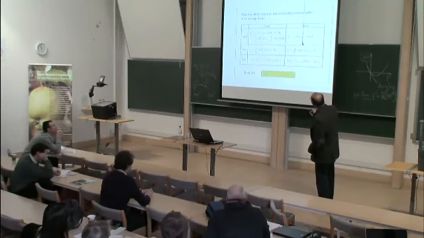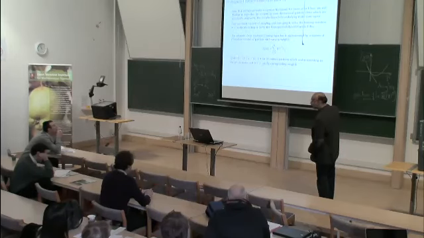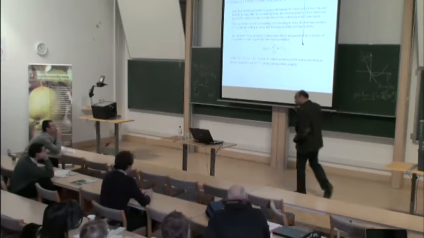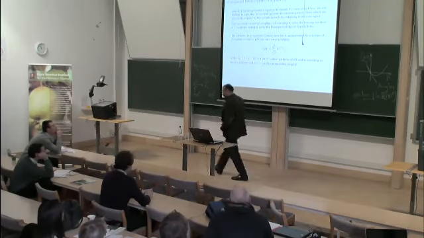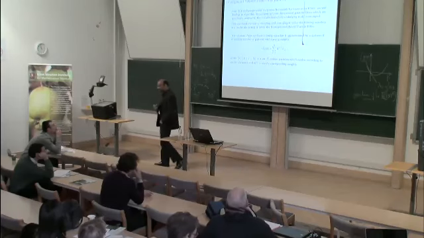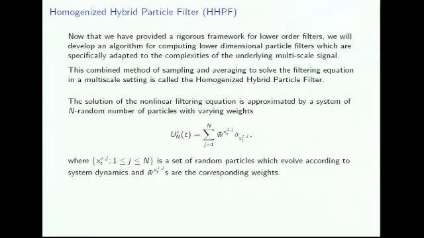This is now coming back to theory. So theory tells you that I can really show rigorously there is a lower dimensional partial differential equation which I can solve to estimate the coarse grain dynamics given the information. So the question is, how do I do the particle method?